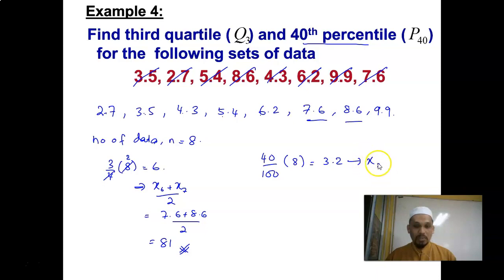Okay, which is not an integer here, so P40 equal to the fourth observation here, 1, 2, 3, 4, equal to 5.4.